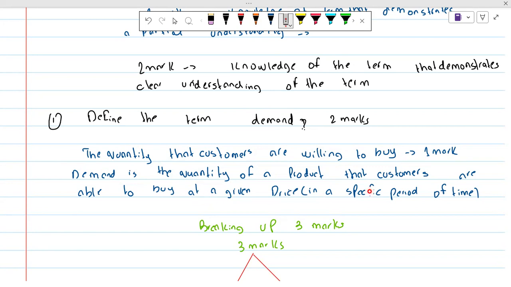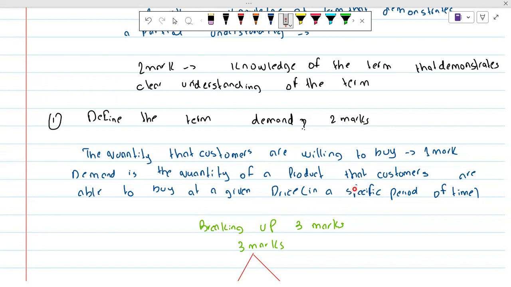Demand is a quantity of a product that customers are able to buy at a given price in a specific period of time. As you can see, we didn't mention price in the previous example, okay? And demand is always changing.